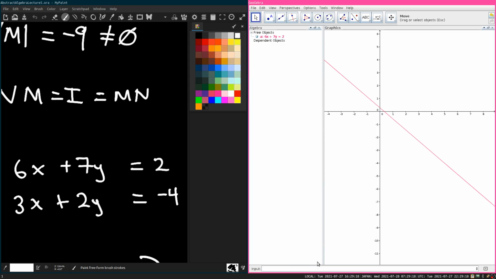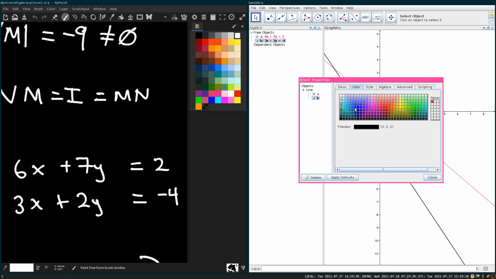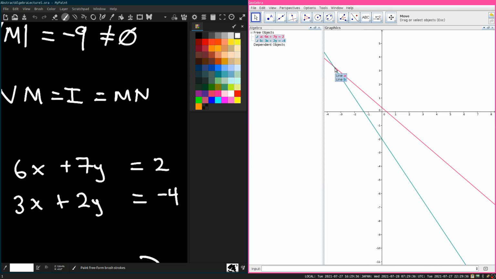Okay. And then the second equation is 3x plus 2y is equal to minus 4. Okay. And I'm going to color this one blue. That's a decent enough color. It's kind of an ugly color scheme, but oh well.